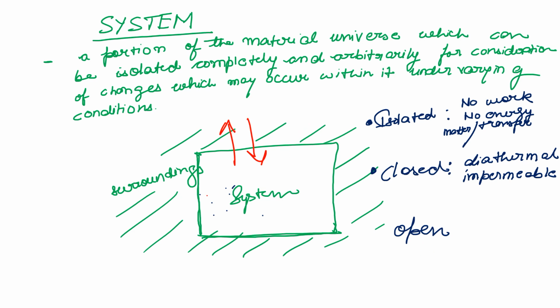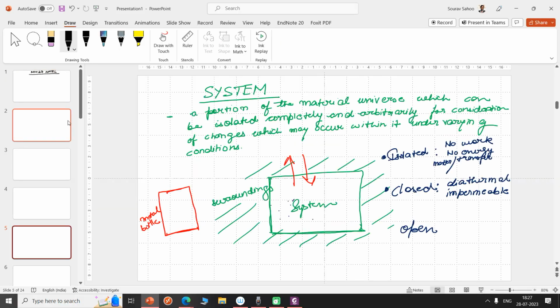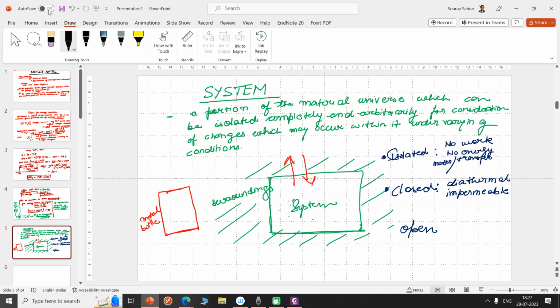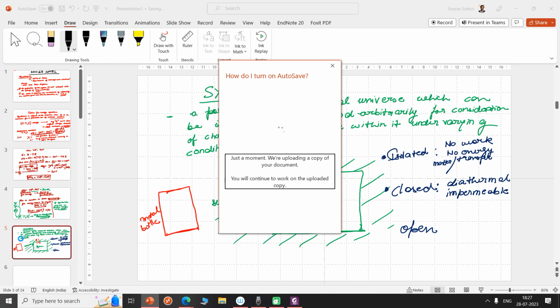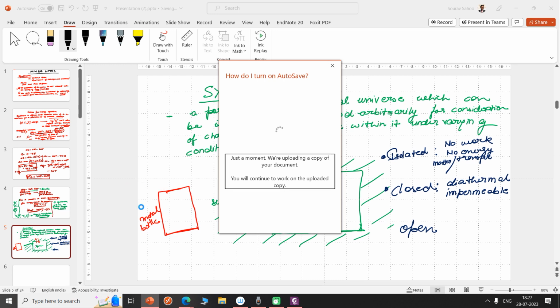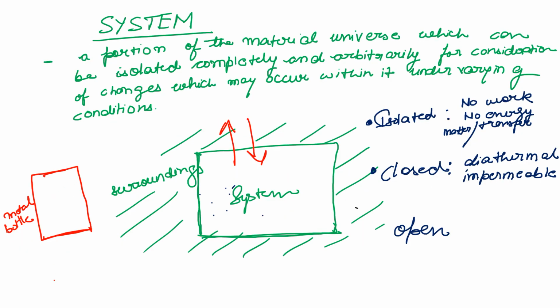A best example for this could be water kept in a metal bottle.